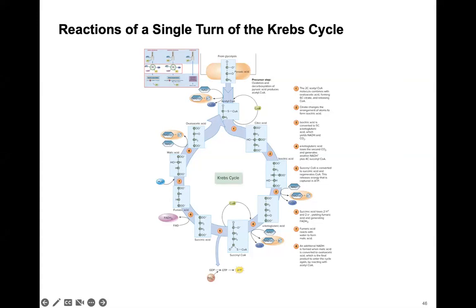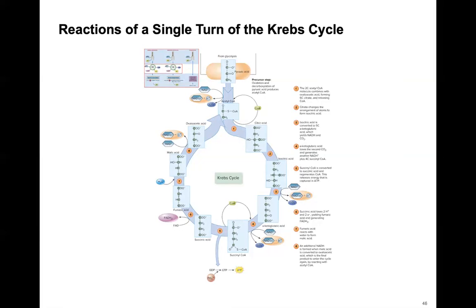The first step is the 2-carbon acetyl-CoA molecule will combine with oxoacetic acid, forming a 6-carbon citrate molecule. It will also release the CoA. That is step 1. In step 2 of the cycle, the citrate will change the arrangement of the atoms to form isocitric acid.